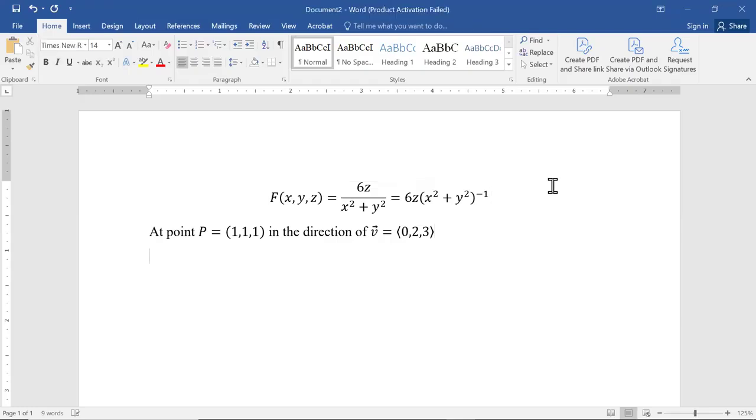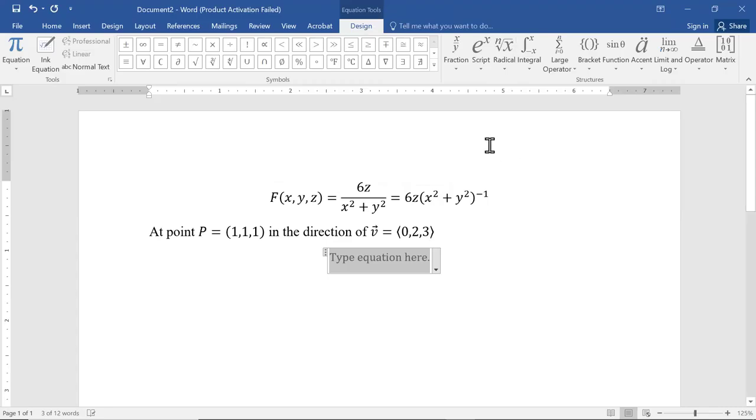And when I take my gradient, derivative with respect to x is going to be 6z times x squared plus y squared to the negative 2nd power times the derivative of the inside function.